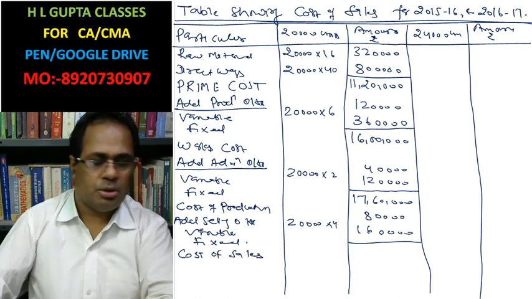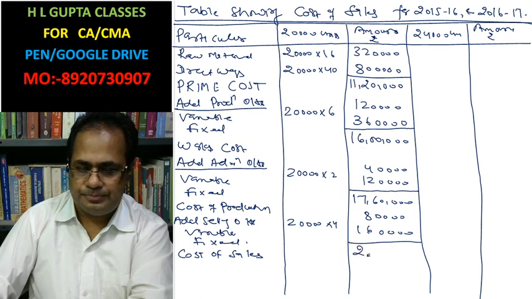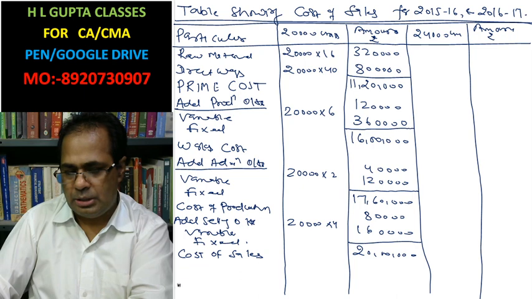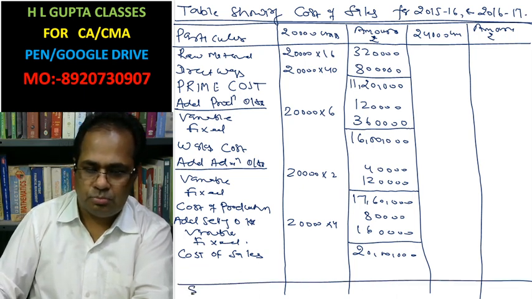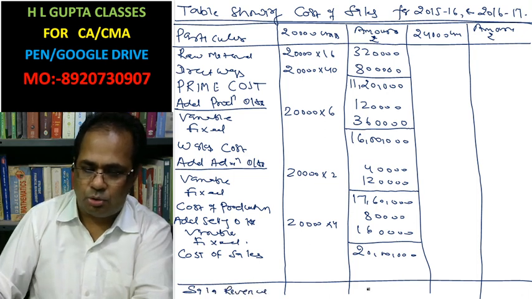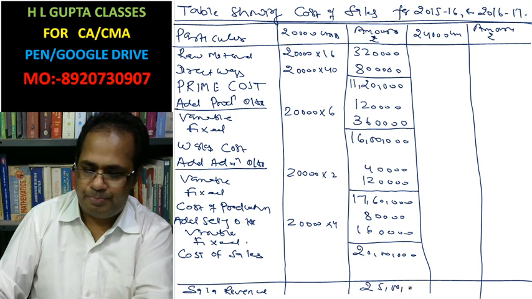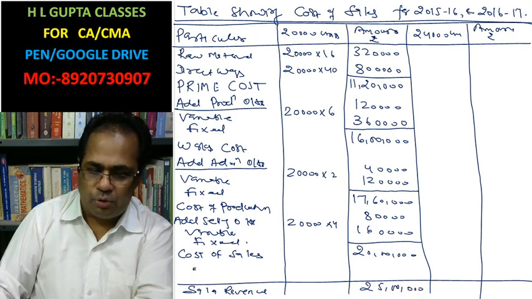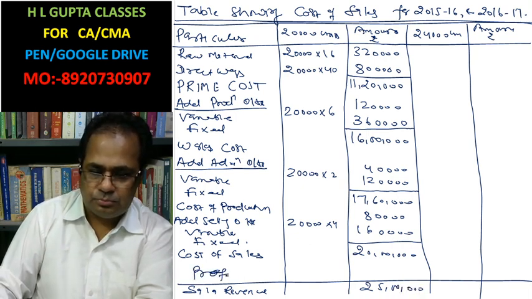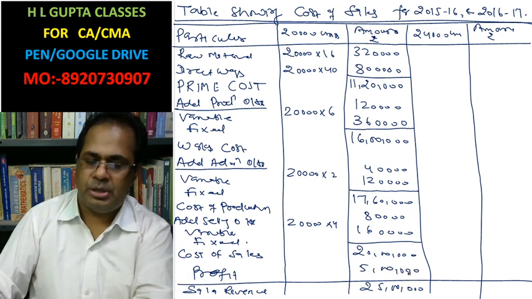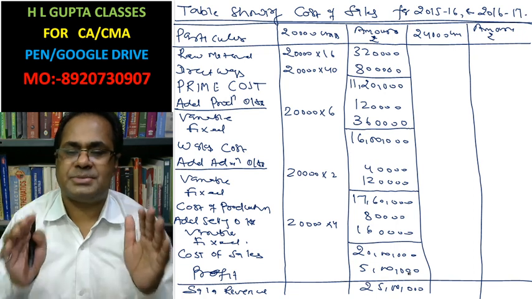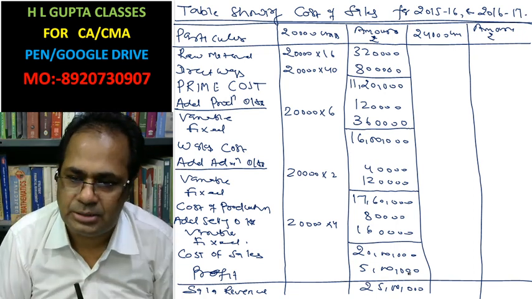Cost of sales rupees 20 lakh. Look at here. Sales revenue is already given in the question, 25 lakh. Now profit you have rupees 5 lakh. This is the cost of sales for 2015-16.